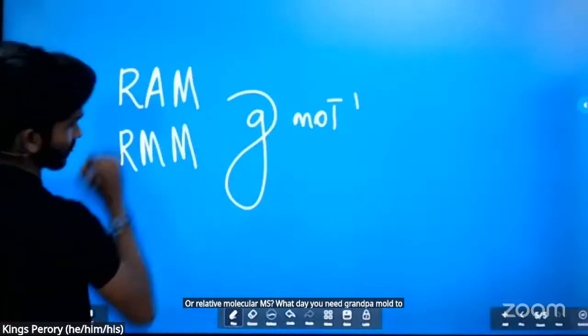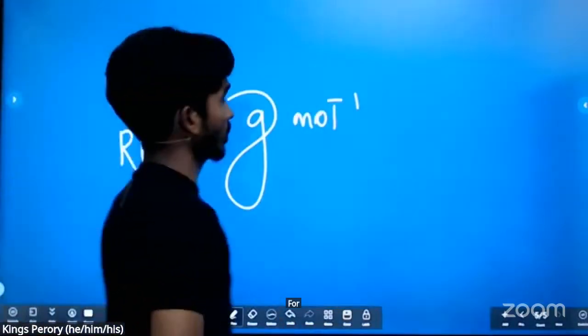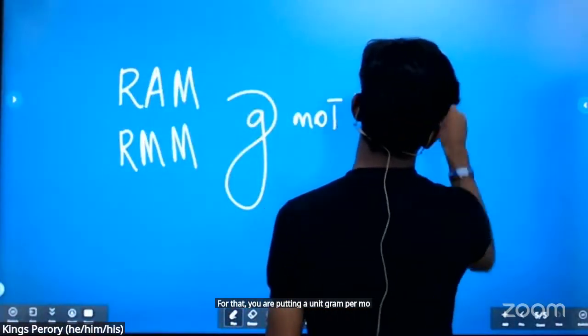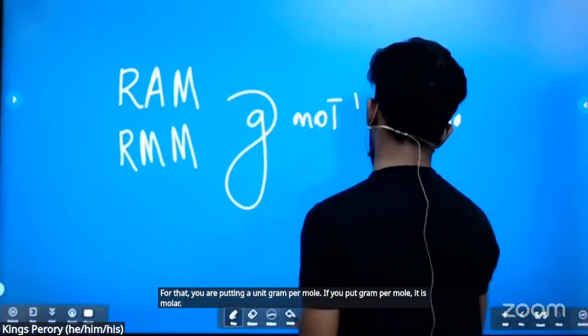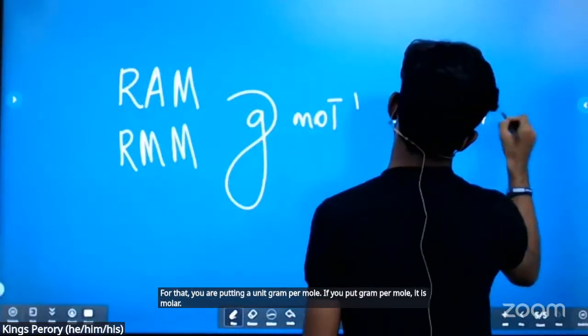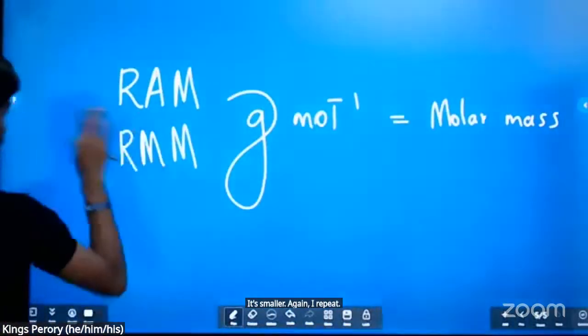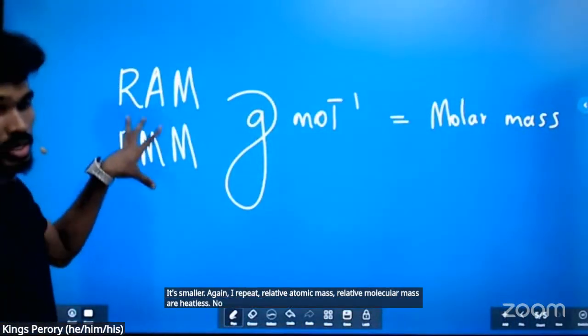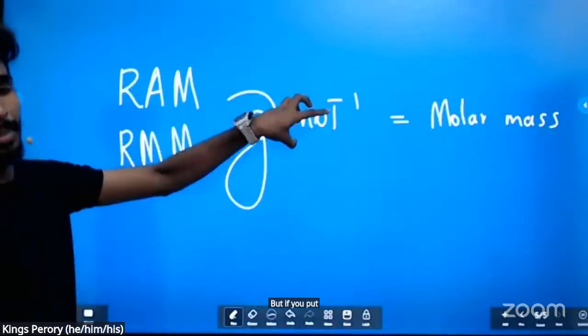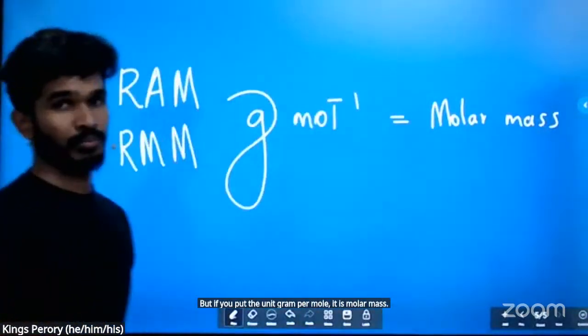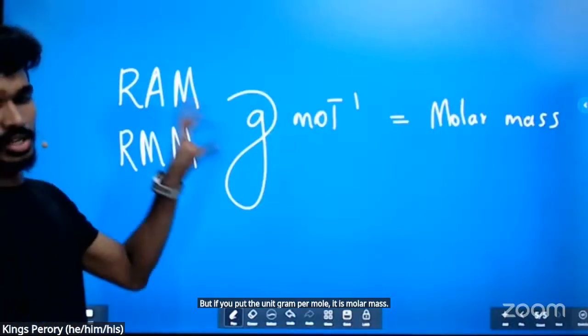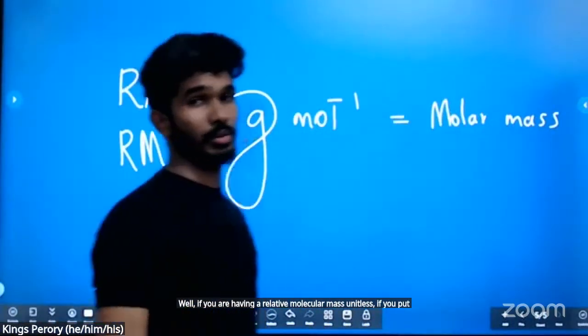Now these are unitless. For that you are putting a unit, gram per mole. If you put gram per mole, it is molar mass. Again I repeat, relative atomic mass and relative molecular mass are unitless. No unit. But if you put the unit gram per mole, it is molar mass.